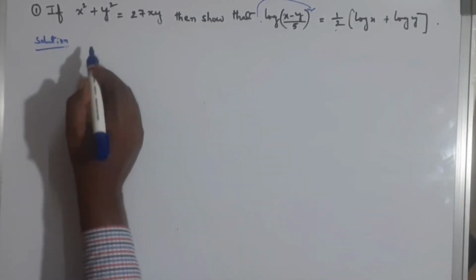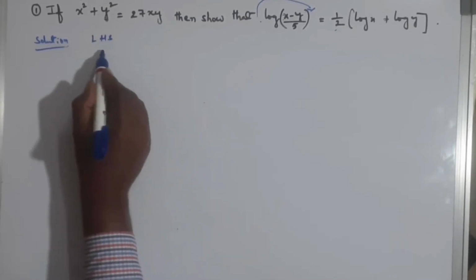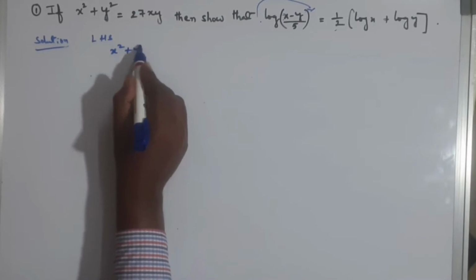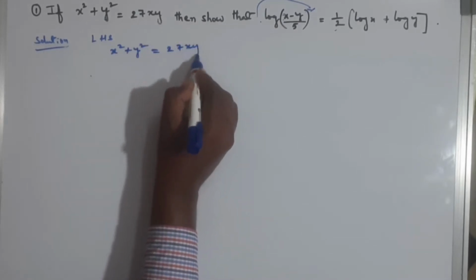Now let us take LHS. What is LHS here? x square plus y square equals 27xy.